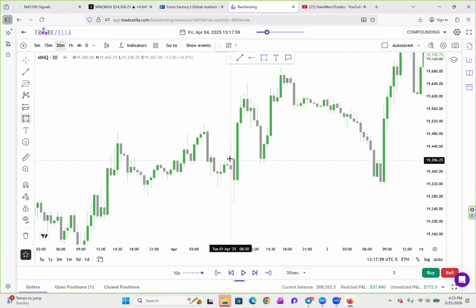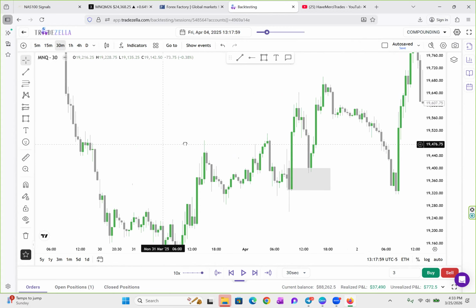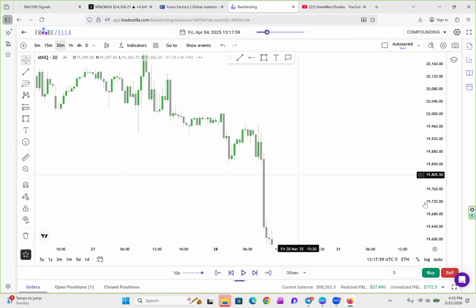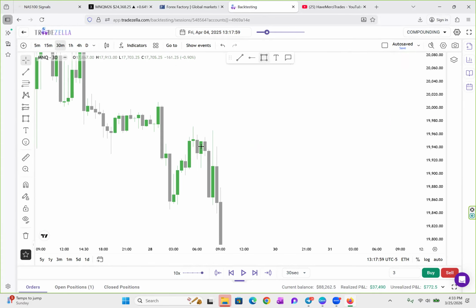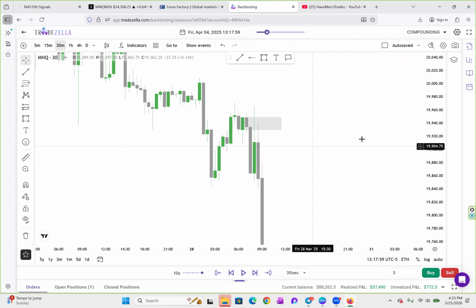You draw the box around the last bearish candle before the bullish momentum. You then wait for price to retest the top of the box, and if it begins rejecting it, you'd get an entry. For bearish order blocks, remember, it is the last bullish candle before bearish momentum. You draw the box around the last bullish candle before the bearish momentum, and you wait for price to trade off the bottom of the box for sell entries.